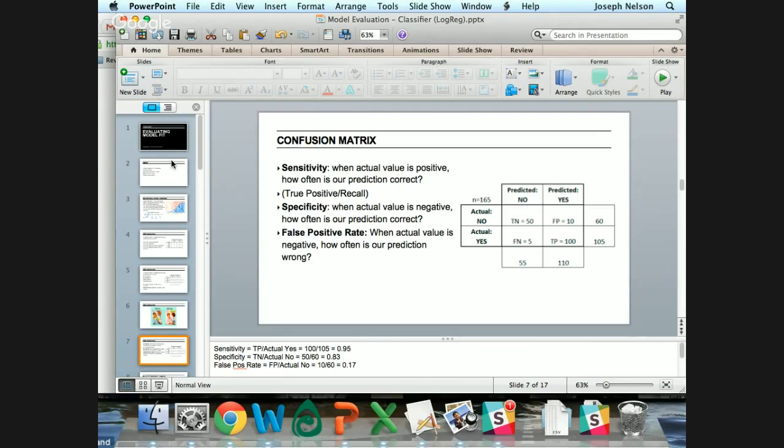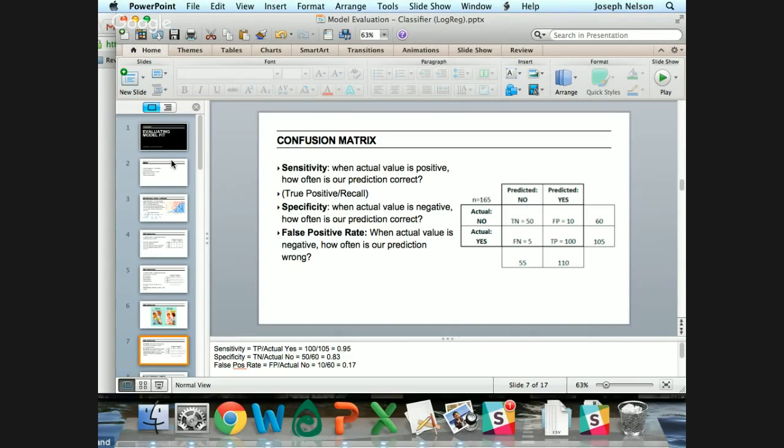The rate at which, of the times our model said yes, it was correct. So rather than dividing by the total, we only are caring about accuracy of saying yes in the world of sensitivity. So in this case, how would we calculate it?